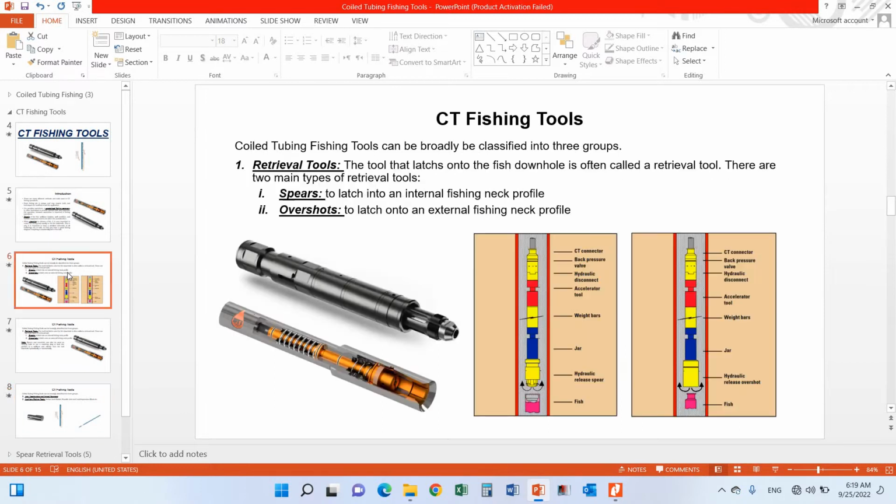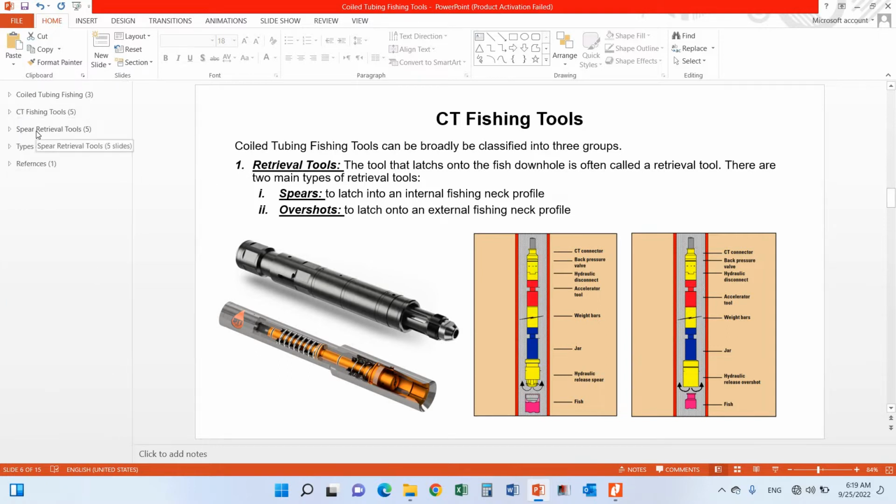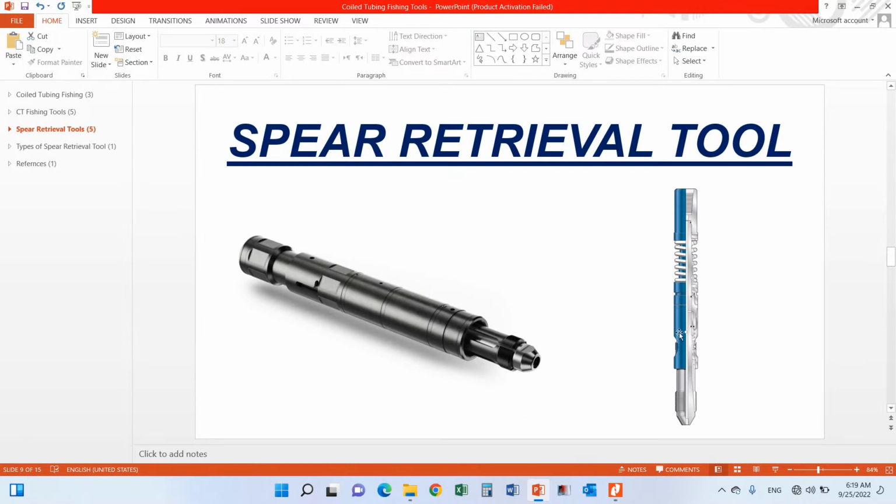In the first category, retrieval tools, there are two types: spears and overshots. So in today's tutorial we'll discuss the first type of retrieval tool, that is the spear retrieval tool. So let's go to today's topic.